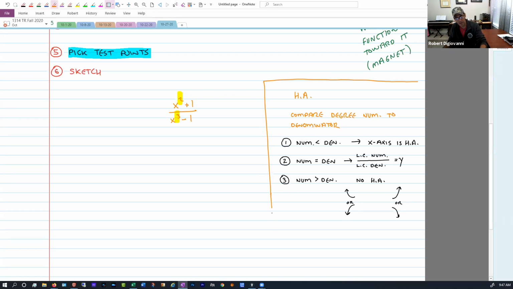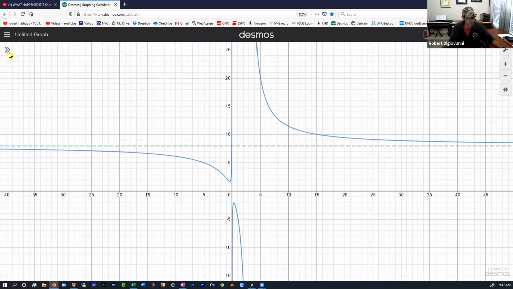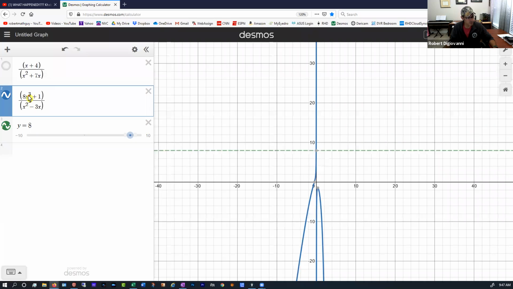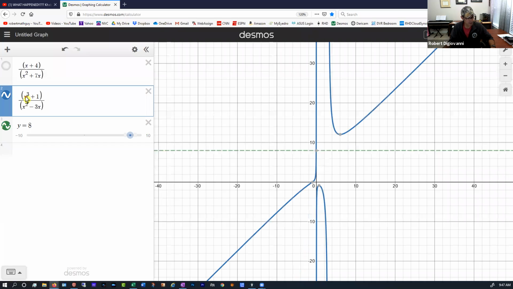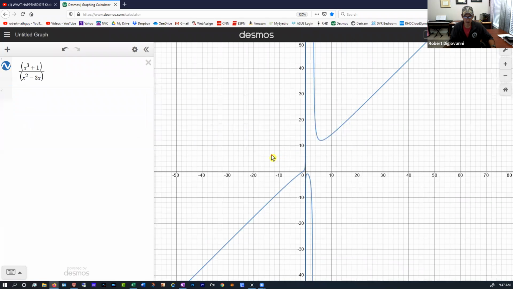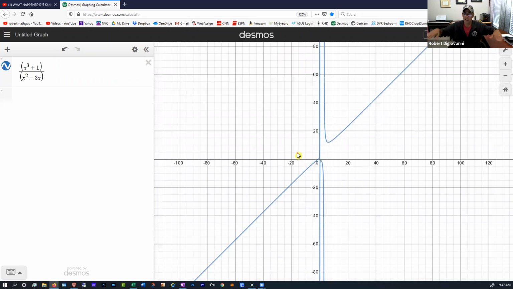Okay, and that is how you find the horizontal asymptotes. There's only 3 cases that it could possibly be. So when I go back and look at this graph, let me change that one to x cubed. Get rid of the 8. So here is an example of a rational function where notice that we do not have a horizontal asymptote.